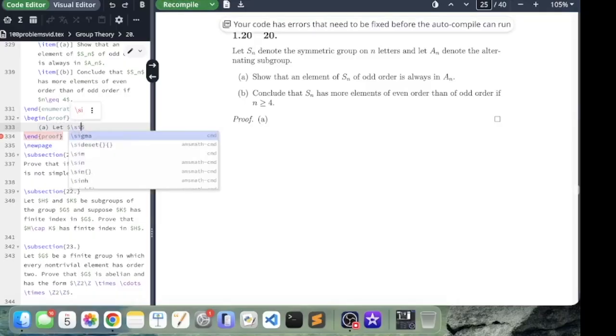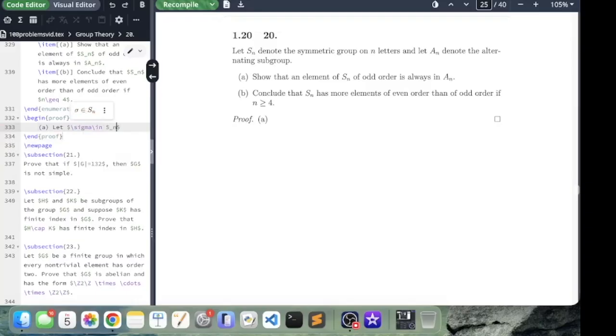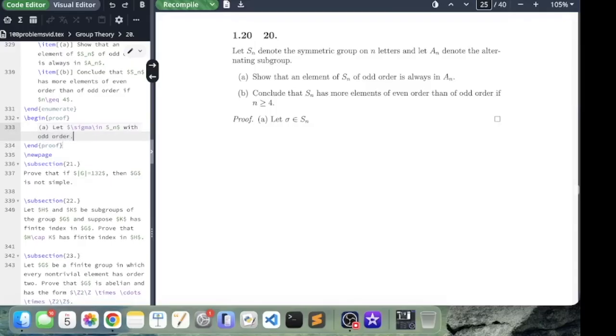So we're going to pick an element in Sn, let sigma be in Sn with odd order. We want to show that sigma is in the alternating group, meaning that it is an even permutation.